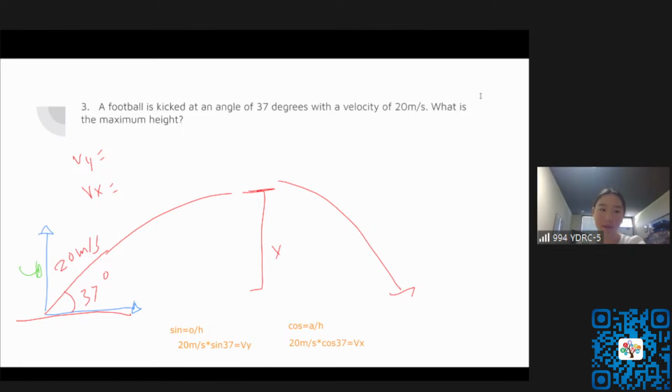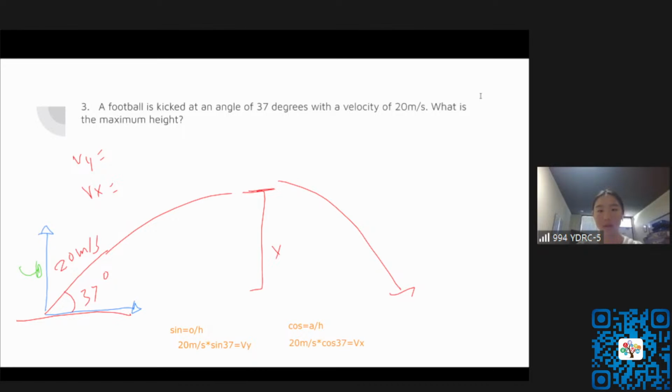Vanessa, if you multiply it out in your calculator, what would you get? I'm pretty sure that's the right horizontal.